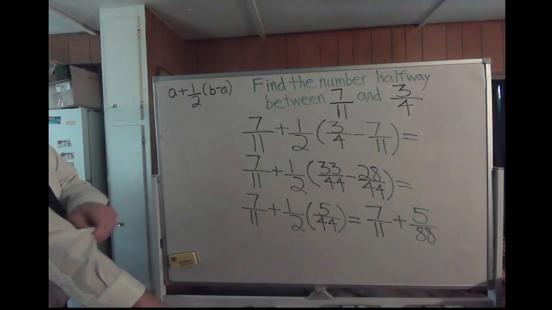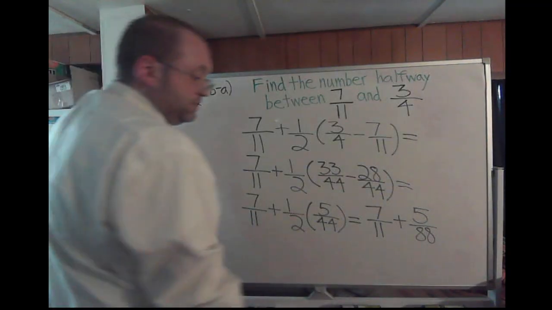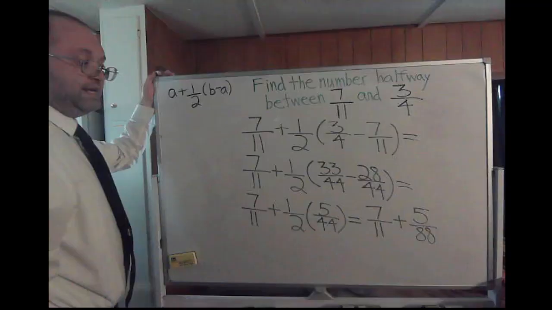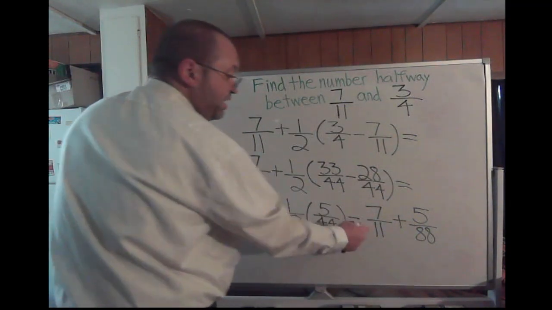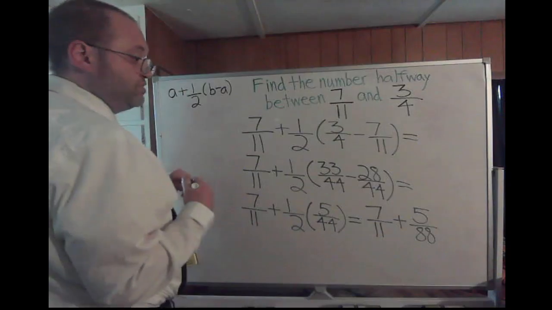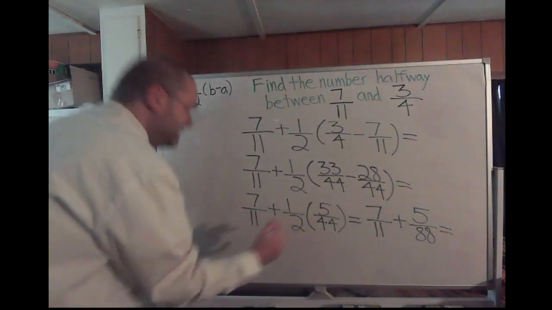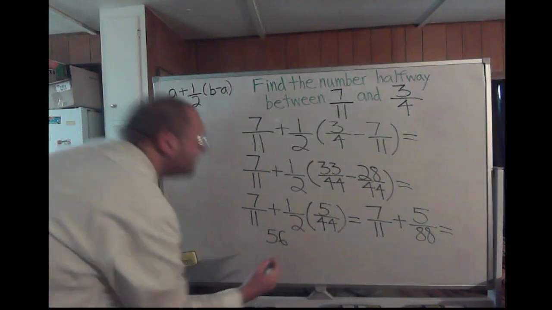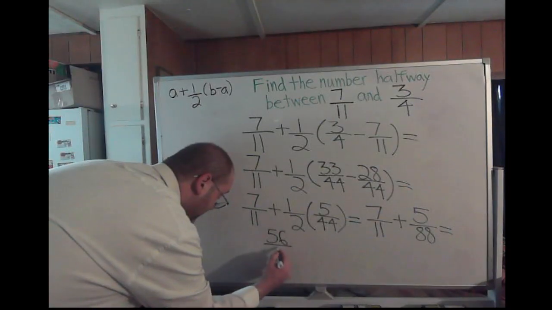Well, it looks like the least common denominator of 11 and 88 is going to be 88. So the second fraction we can leave alone. We just got to multiply both the numerator and denominator of the first fraction by 8. If we do that, 7 times 8, that's 56 out of 88.